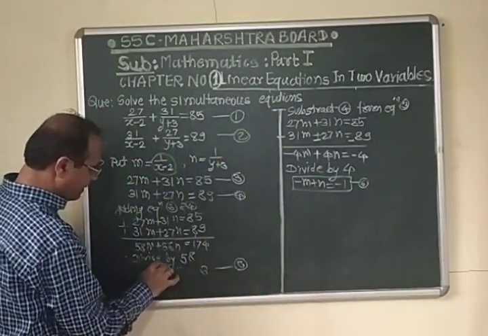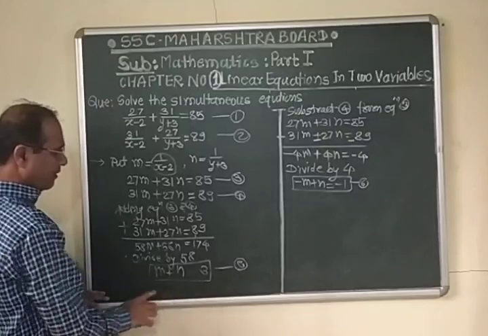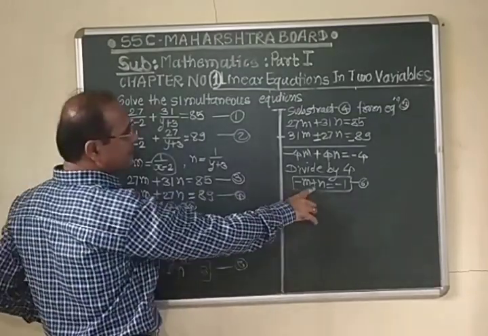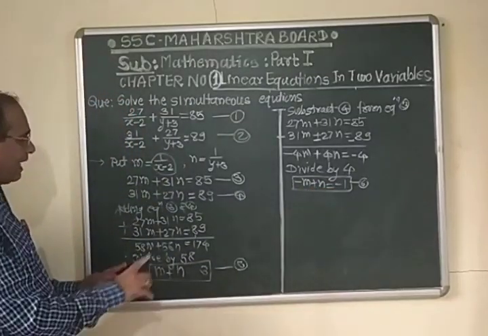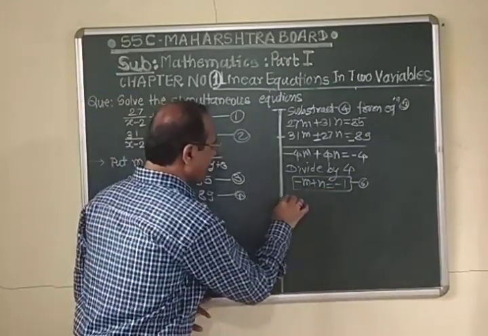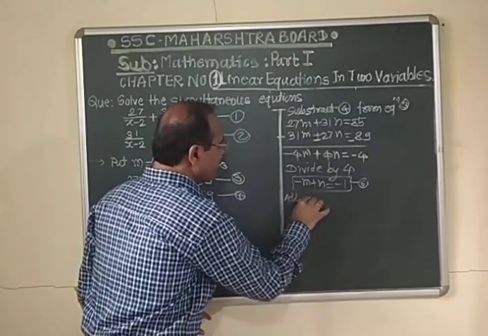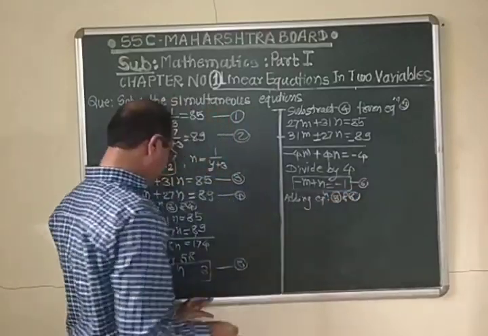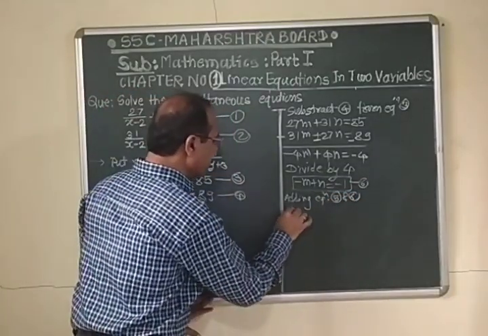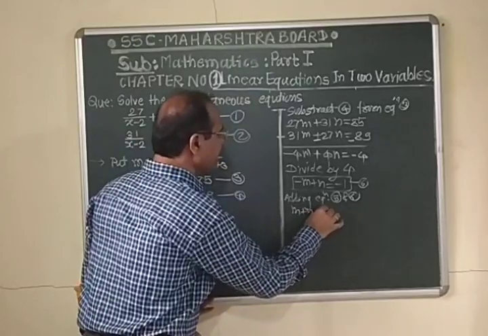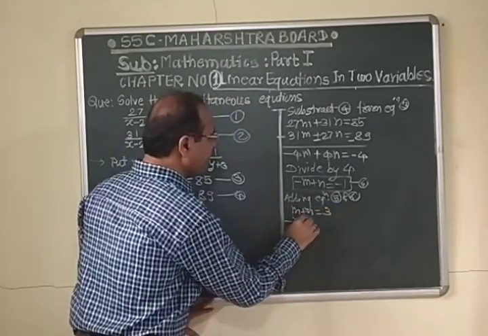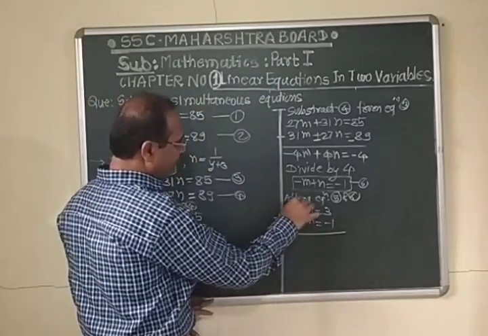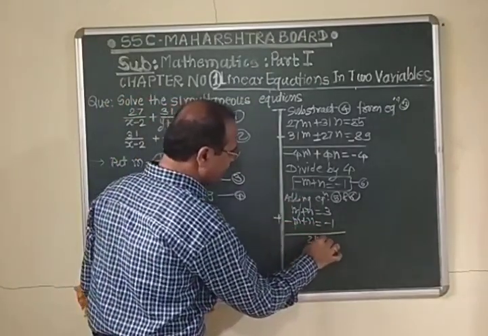Now see here, equation 5 is m plus n equal to 3 and equation 6 is minus m plus n equal to minus 1. Add equations 5 and 6. The m terms get cancelled, so 2n equal to 2.